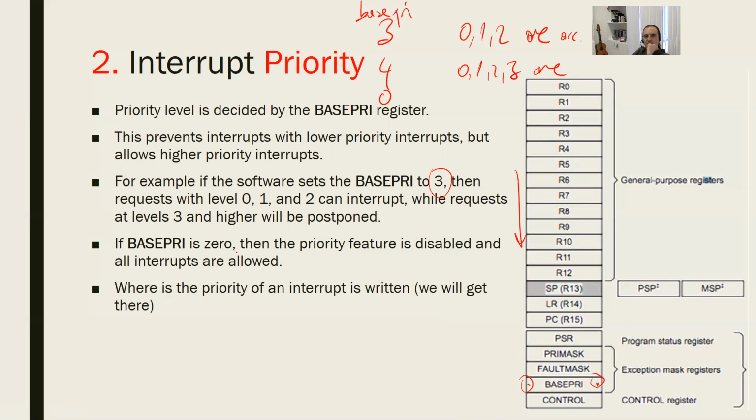If the base pri is 0, then everybody's priority is accepted. It is like the bodyguard does not care about your clothing. Any clothing is welcome. You can come in with your pajamas. Okay, where is the priority of an interrupt written? To which register? Where is that control register? We will get there. Any questions?